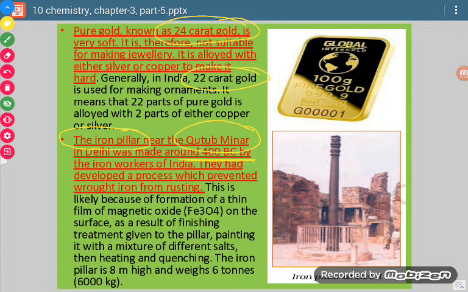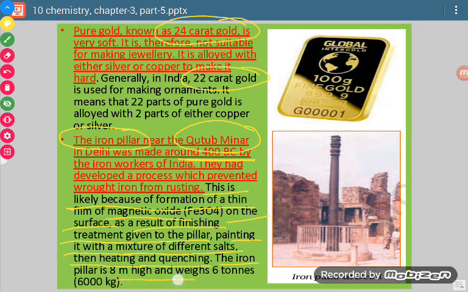So it means that alloying makes the metal so strong that it can stay as it is for so many years. Now, why is it so? This is likely because of the formation of a thin film of magnetic oxide on the surface as a result of the finishing treatment given to the pillar, painting it with a mixture of different salts, then heating and quenching.